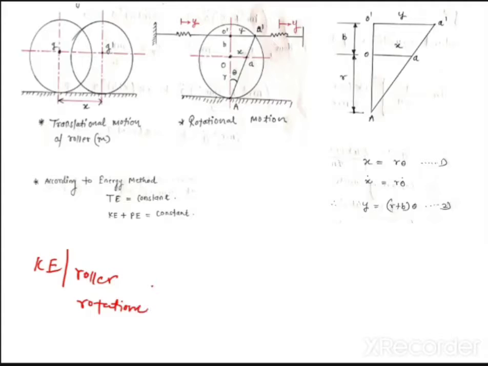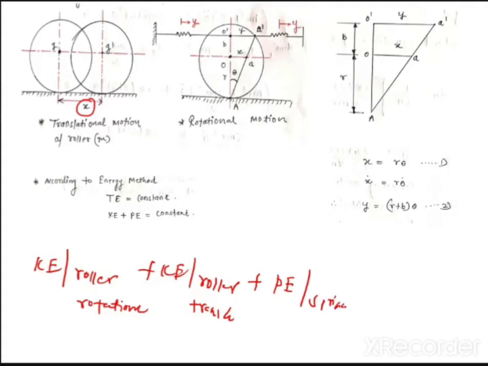The center is not fixed. Try to remember that the roller is translating by distance x from G to D dash. The center is not fixed. So kinetic energy of roller rotational plus kinetic energy of roller translational plus potential energy of spring 1 and 2 is equal to constant, because we have two springs K and K. So you have to consider both the springs.